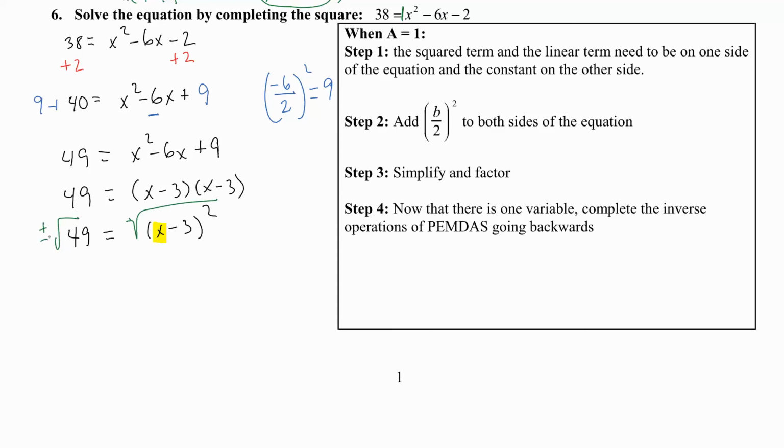And there are two ways of getting 49: that's 7 times 7, and also negative 7 times negative 7. Then to get rid of that subtracting 3, we just add 3. So one answer is x equals 10. And if we add 3 to the other one, we get negative 4.